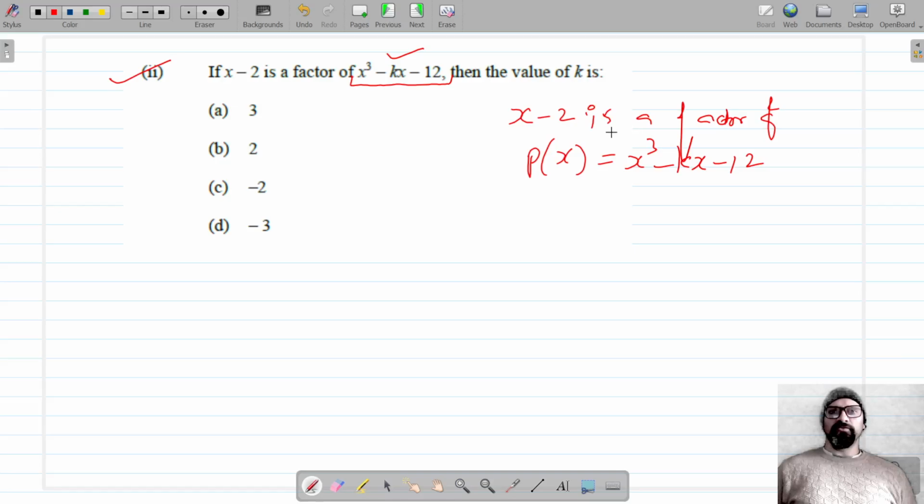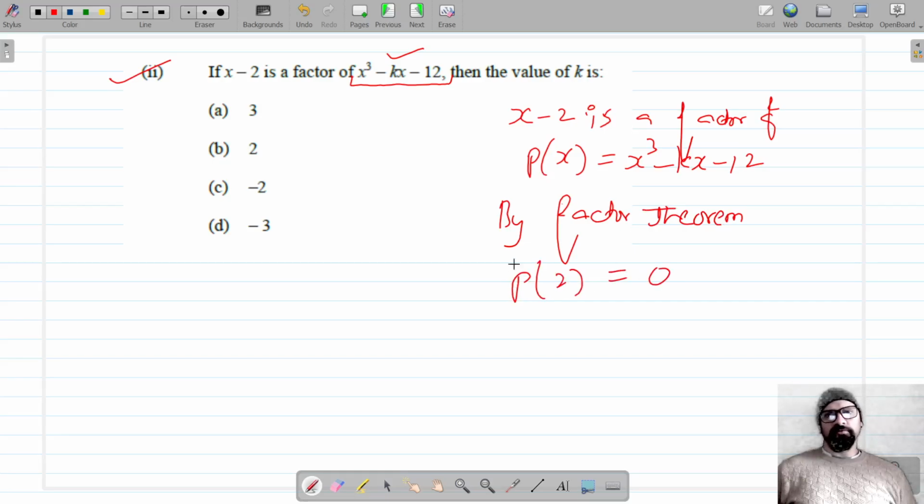Now, since x minus 2 is a factor of p of x is equal to x cube minus kx minus 12, that means that the remainder is zero. Therefore by the factor theorem, we can write that p of 2 should be equal to 0.